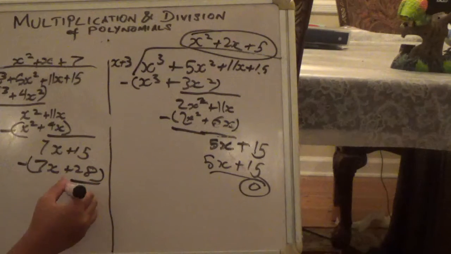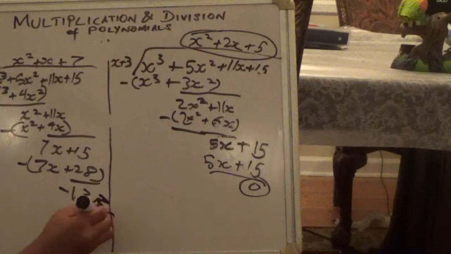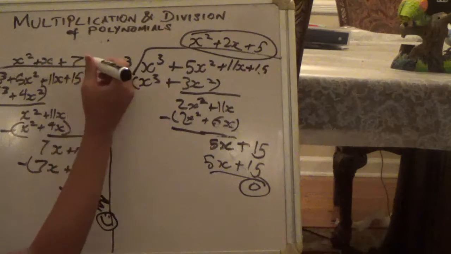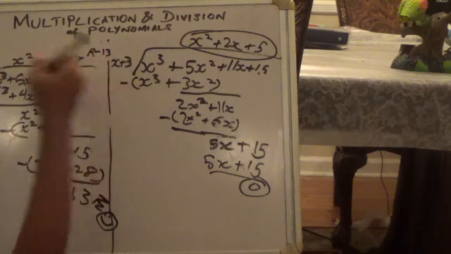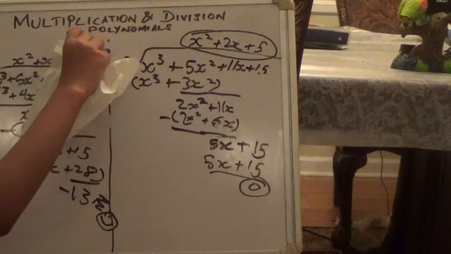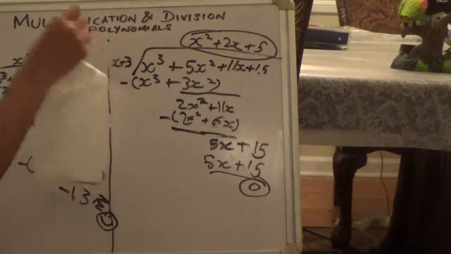And that is not a happy 0. However, we're not done. We can finish the problem. Okay, so all you have to do is say remainder negative 13. No, that's not how you say remainders in dividing polynomials.